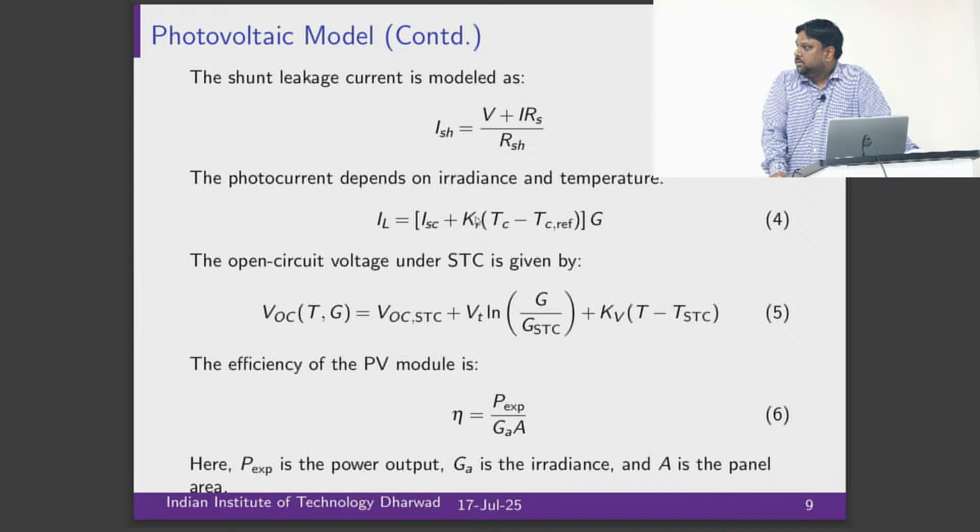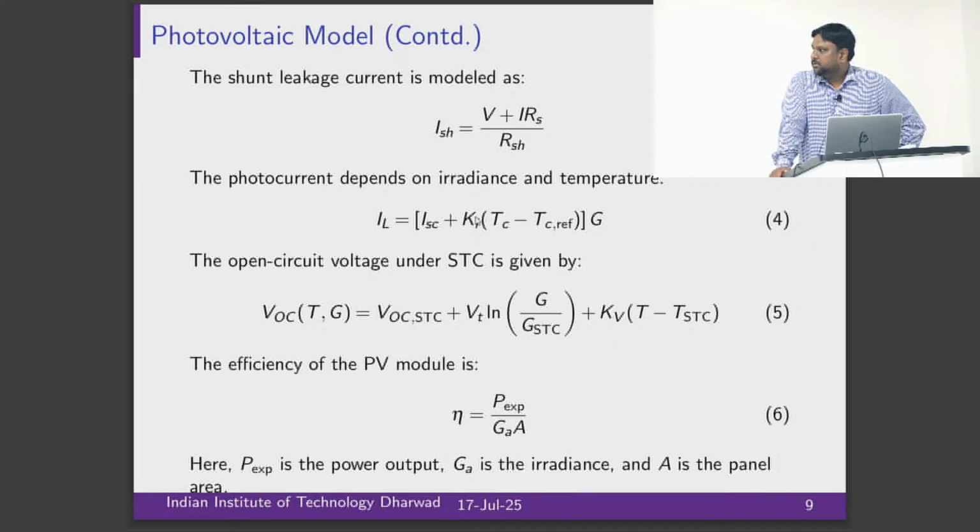Okay. Then the open circuit voltage is also a function of both temperature and irradiance, and you can represent it as VOC. STC is the standard temperature condition. Okay. So, VOC STC plus VT ln G by G STC. Wherever you see STC, that is the value at the standard temperature condition. Okay.